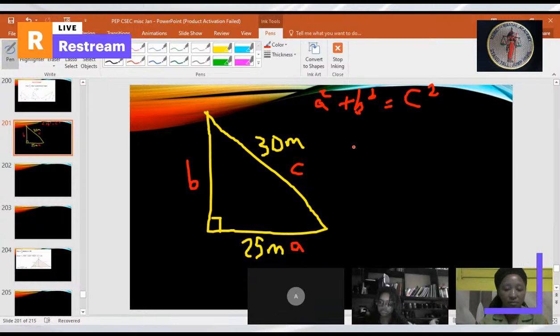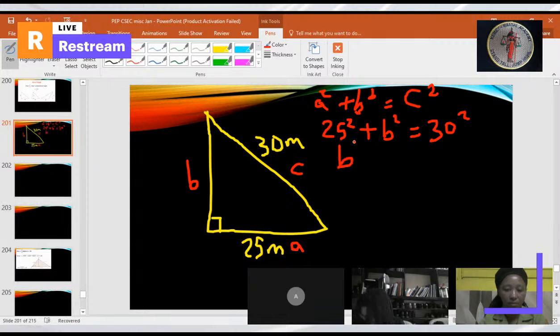Okay, so we're going to find b. A is 25, so it would be 25 squared plus b squared equals 30 squared. I'm going to subtract a squared from both sides.